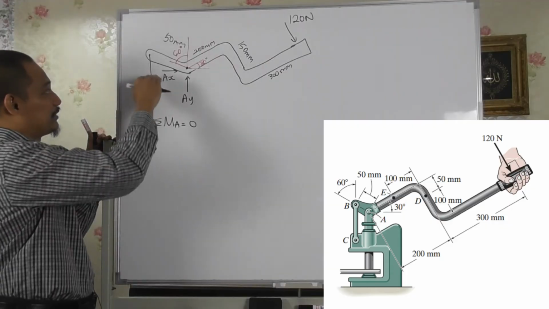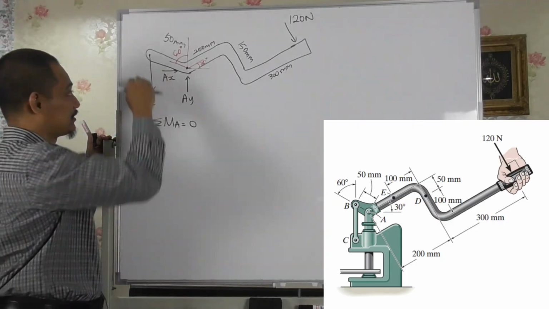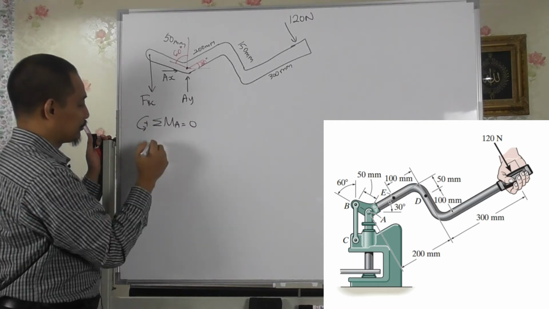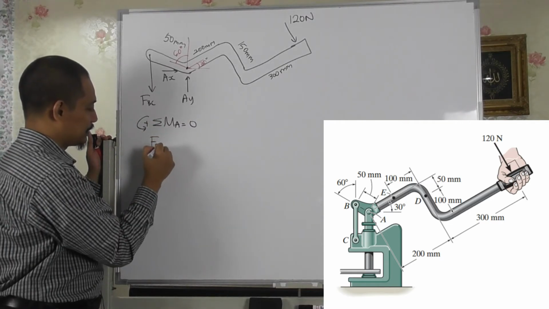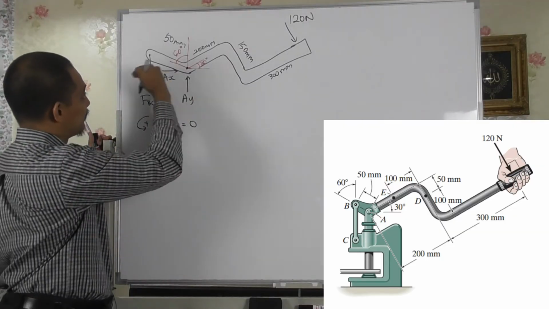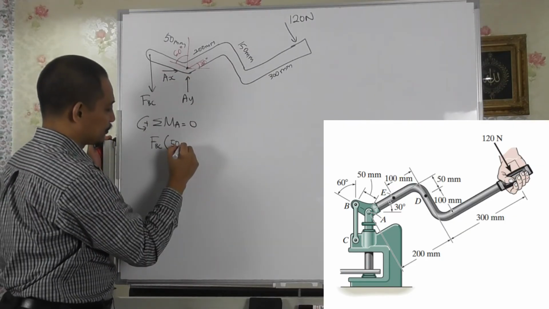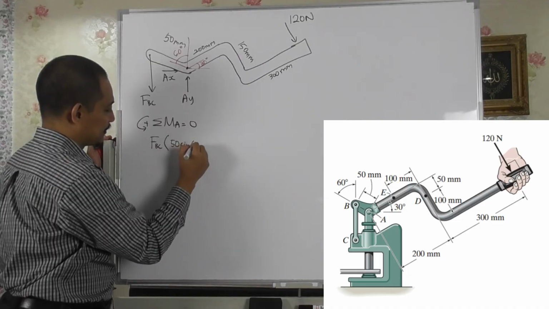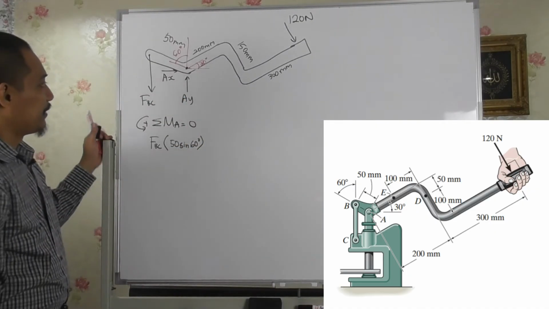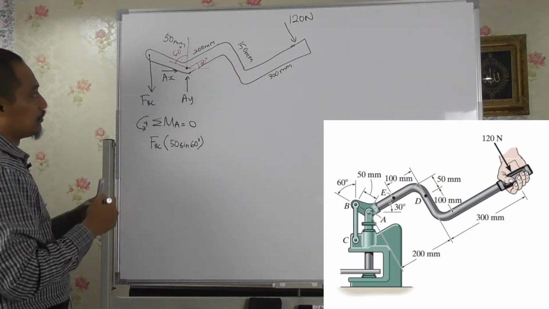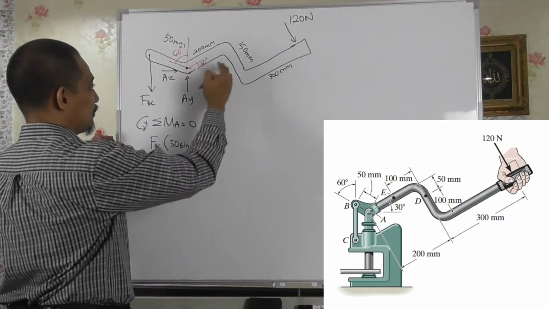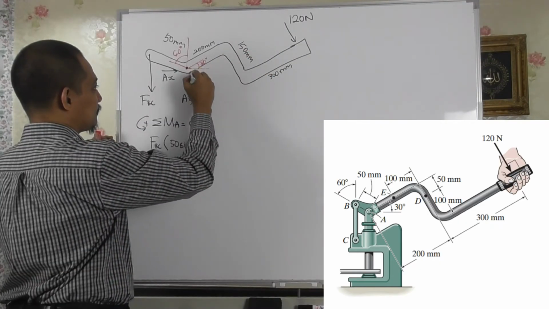Okay, this one then meaning we just find the perpendicular distance, which is the horizontal distance. So this one is counterclockwise, positive FBC times the distance of 50 sine 60 degrees, right? So that is the perpendicular distance. Basically it's along this, right?